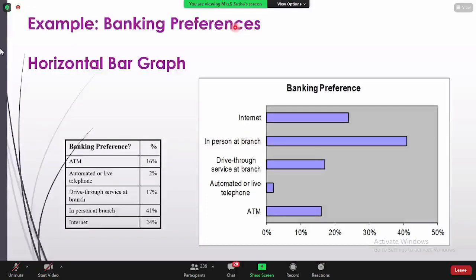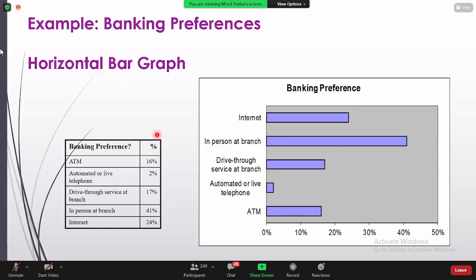Whether we should improve automated or live telephone banking, that perspective the manager will take, right? Now you have to give the information based on these statistics. That decision is taken by the manager.